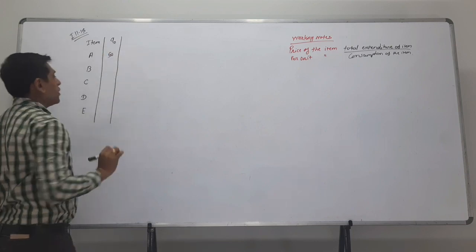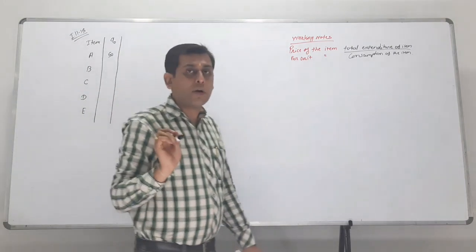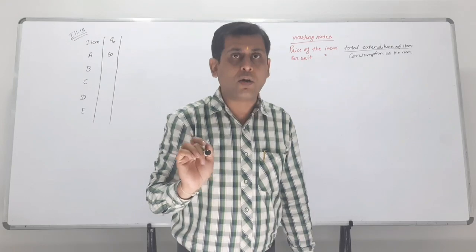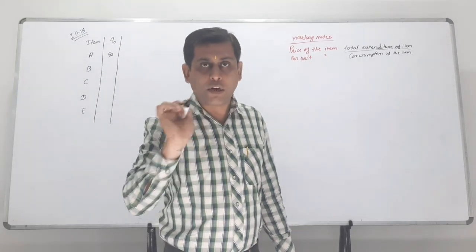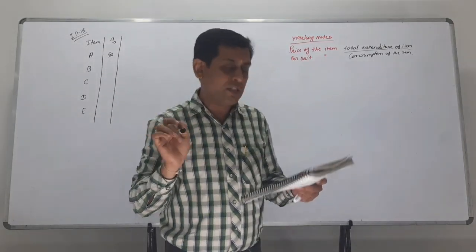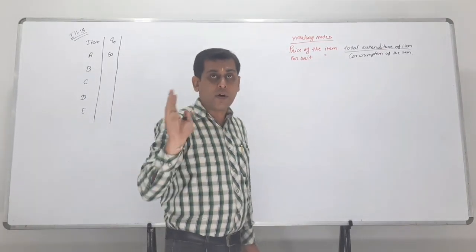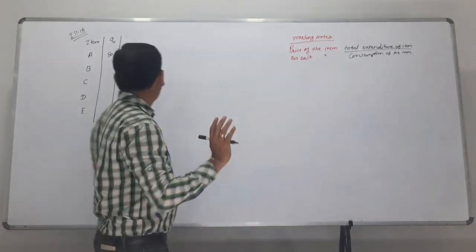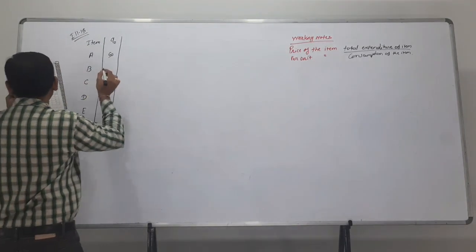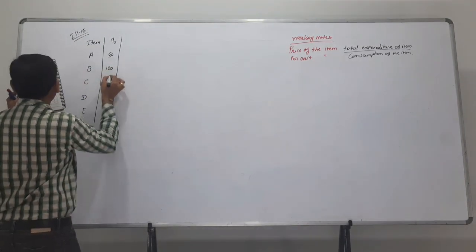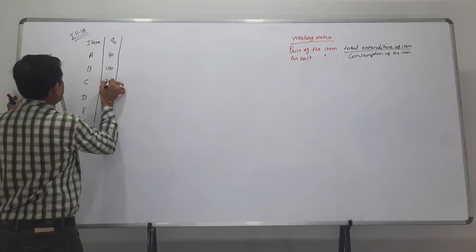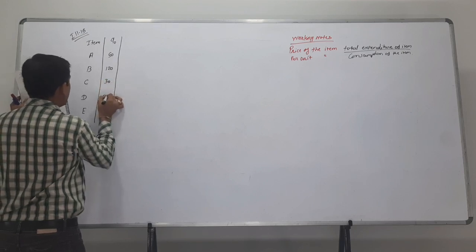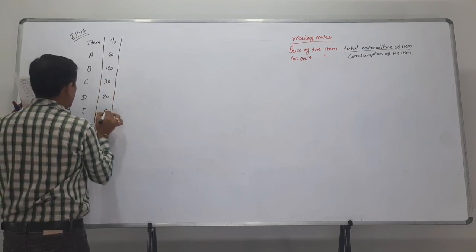See here, the unit is not important because the unit column is not given. So 50 kg or 120 kg or 30 liter, whatever unit is given, it is not important. So here I am just writing the digits only. 120, then 30, then 20 and then 5.